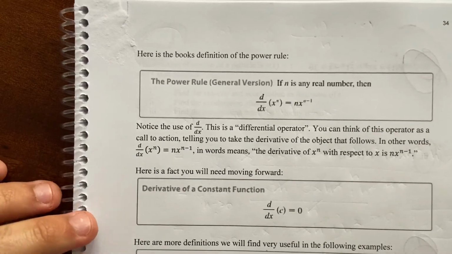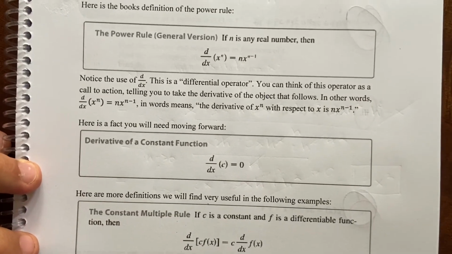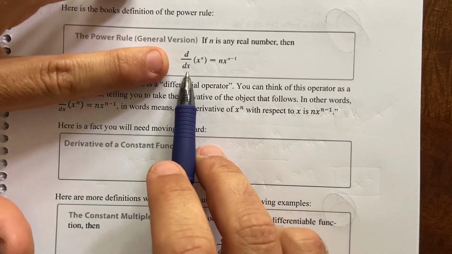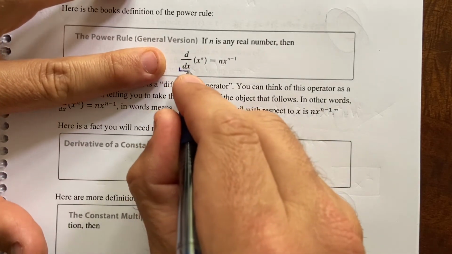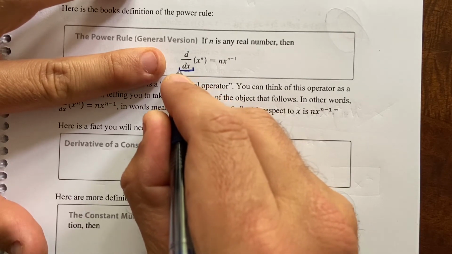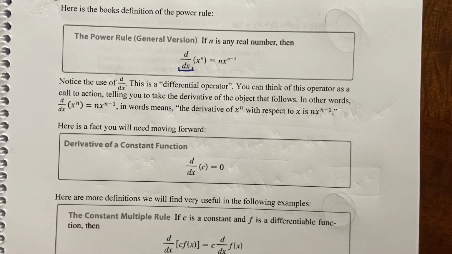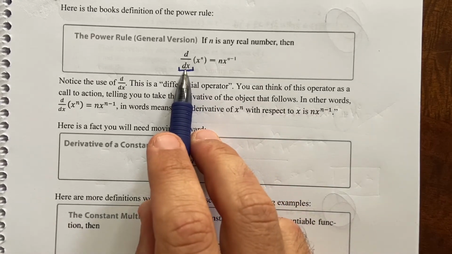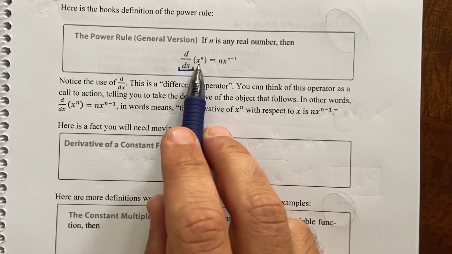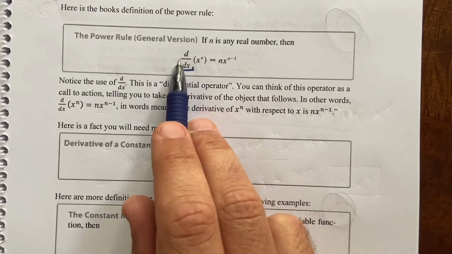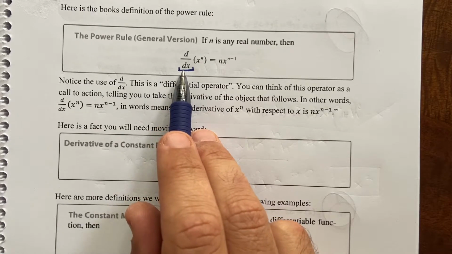That's another way of saying it here. I'll talk about this notation. You'll see this piece, which I don't know that we've seen this operator yet. This is a differential operator. It basically tells you that you're operating on some object, and it's specifically telling you that the operation you're using is the derivative.